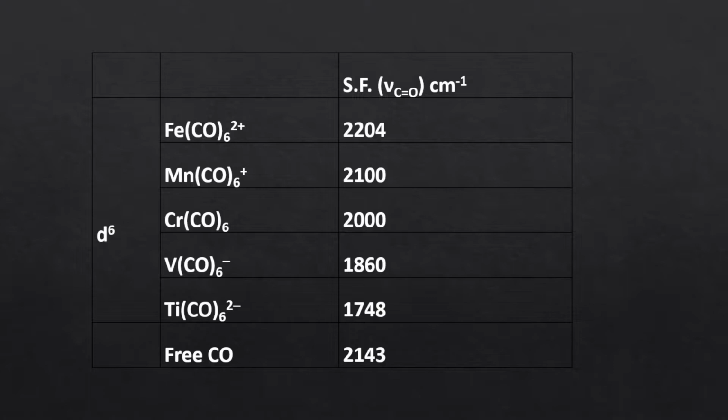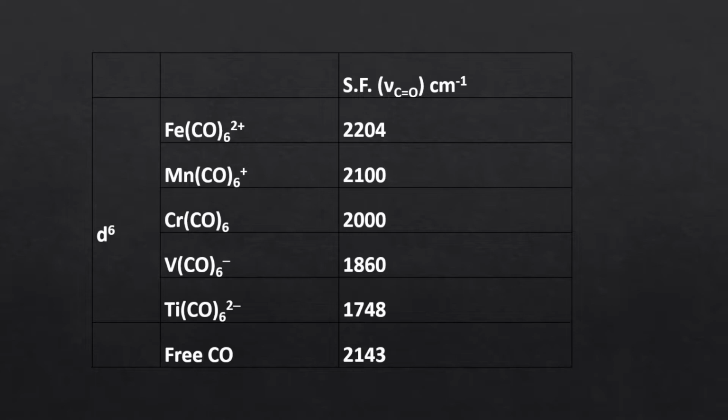A question may come to your mind: how is it possible for hexacarbonyl iron 2+ to have a carbon-oxygen stretching band even higher in energy than those in free carbonyl? Actually, this is because the pi acceptance tendency of the carbonyl ligand in this complex is negligible compared to its sigma donation.